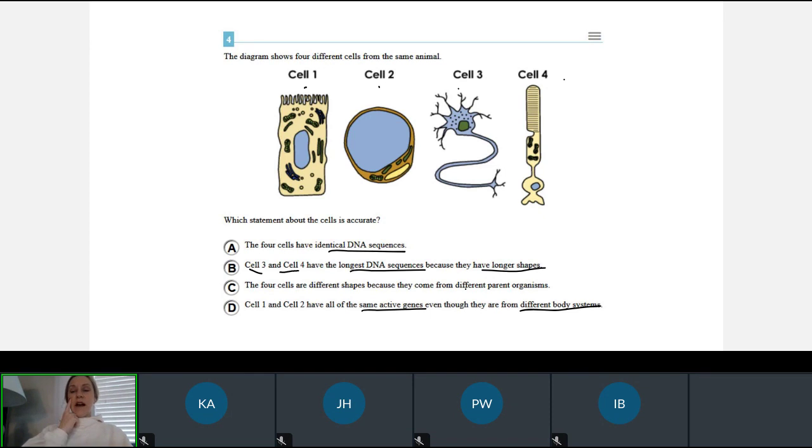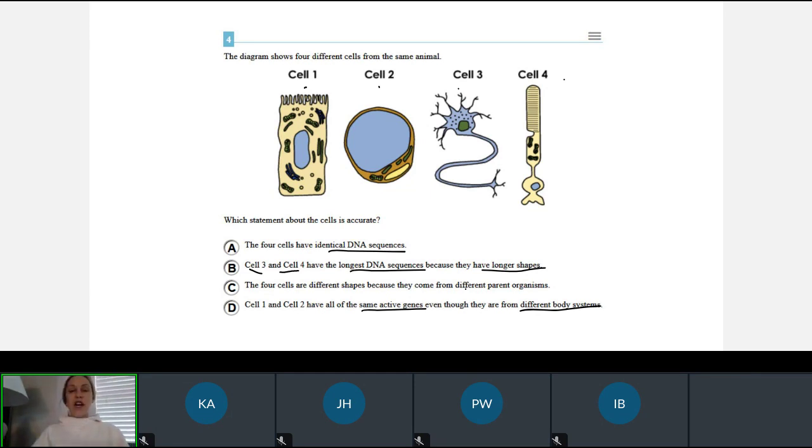If I took a DNA piece from the DNA from my cheek cell and a DNA from my nerve cell, would they be the same? Good. Yes, the DNA in all of these cells is identically the same.